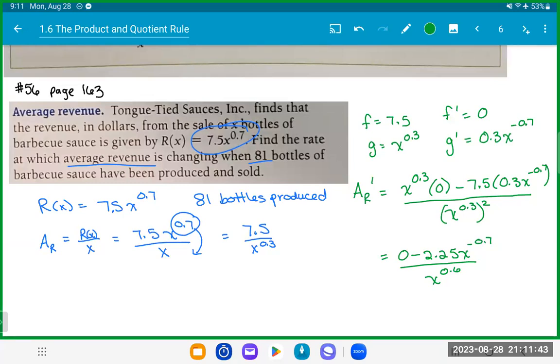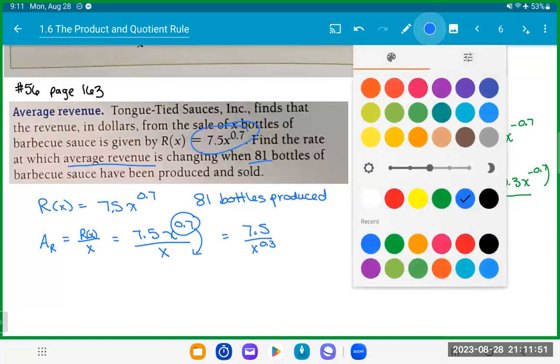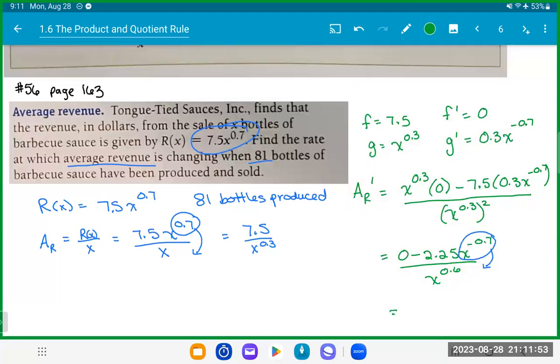And lastly, we can move this into the denominator so that we make our exponents positive. This is going to equal negative 2.25 over x to the 1.3. So 0.6 plus 0.7 is 1.3.